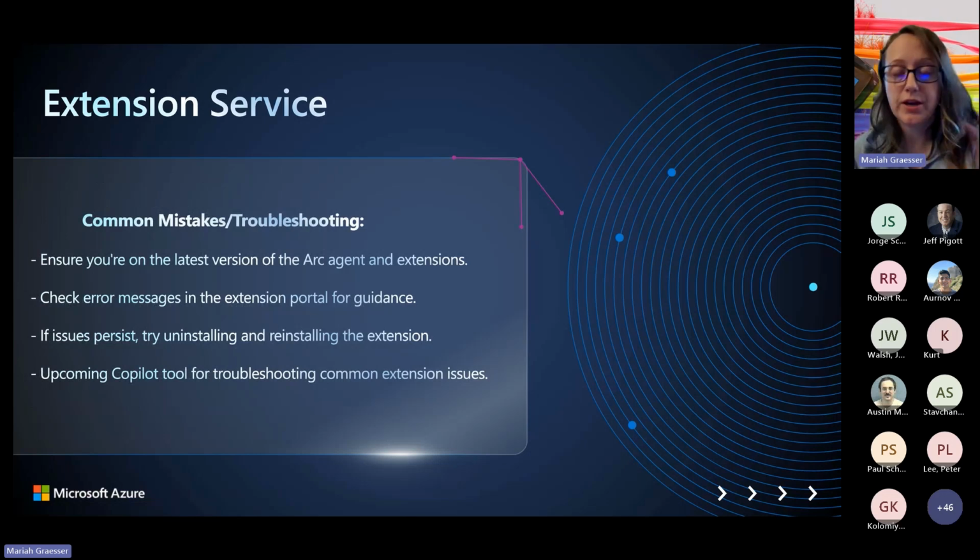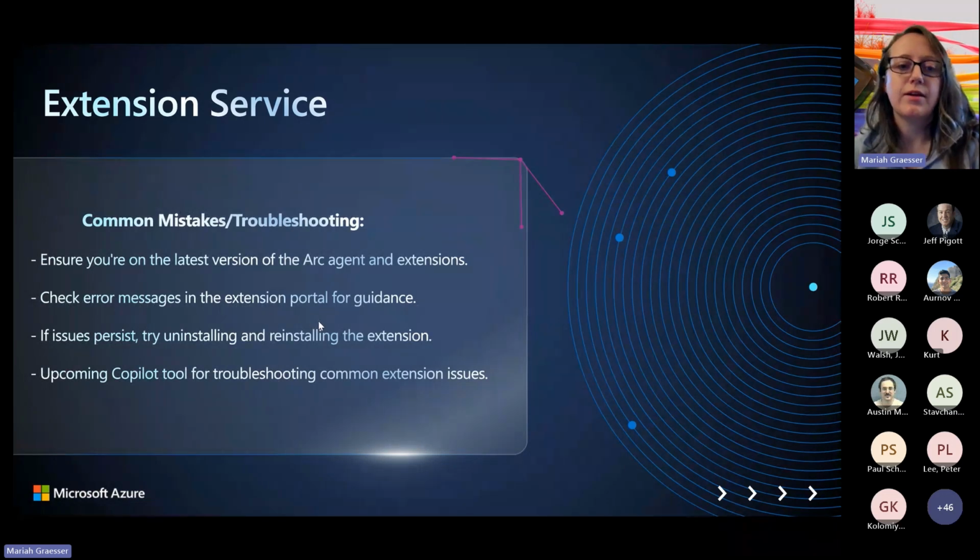Both the Arc agent and extensions release new fixes and features for the most part on about a monthly cadence. I can post the link too. We have a document that shows all the latest updates for each version and which major bug fixes have been addressed as well. So that's usually the first thing we recommend, like upgrading and making sure you're on the latest version is going to fix a lot of the issues that you run into.